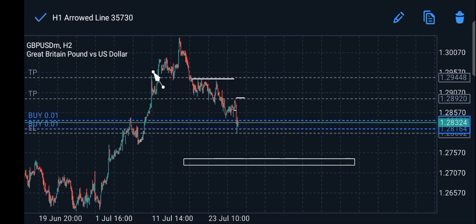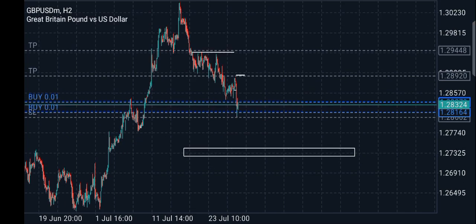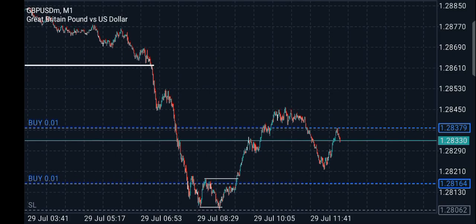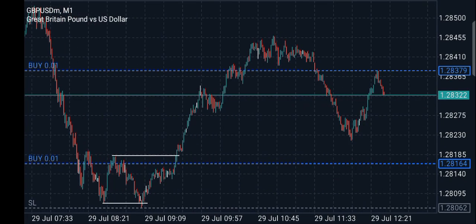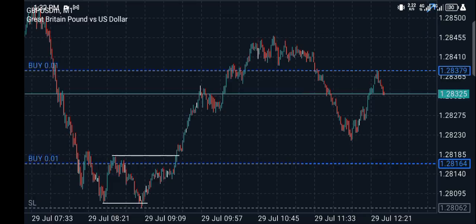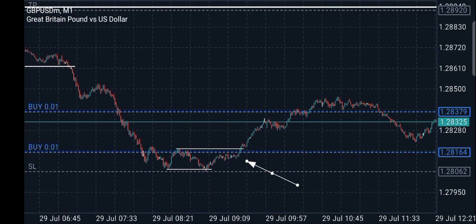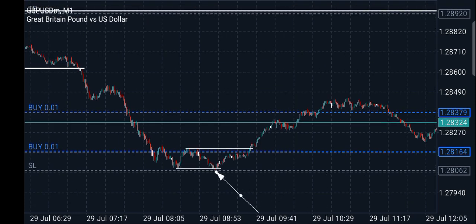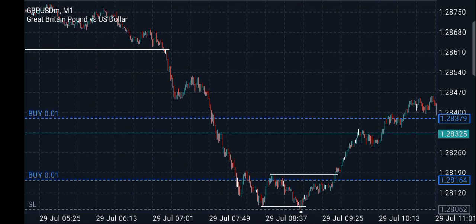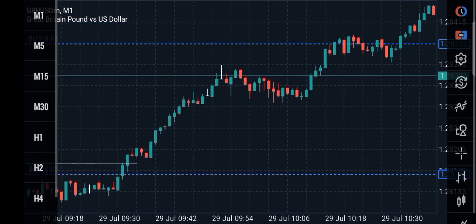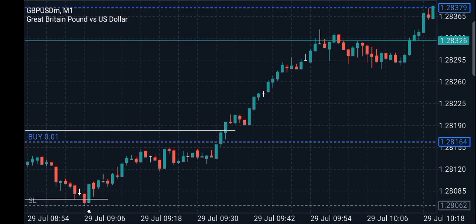On the 1 minute time frame, this was what I did. I waited for price to first take out liquidity here, then create a shift in structure.